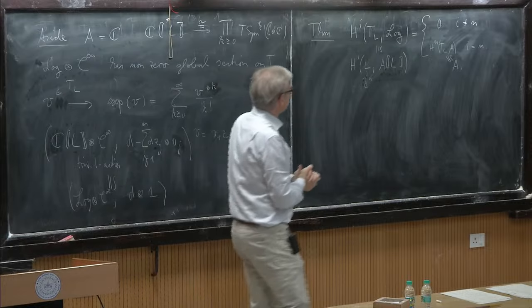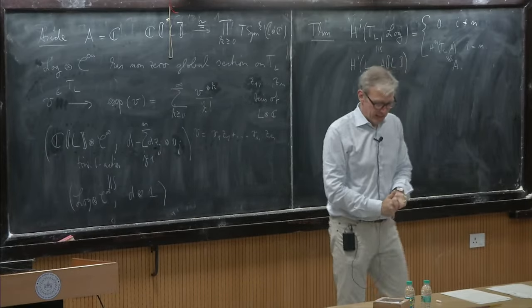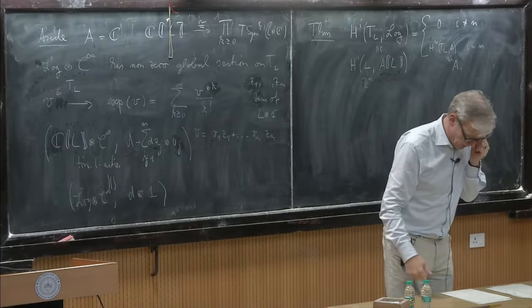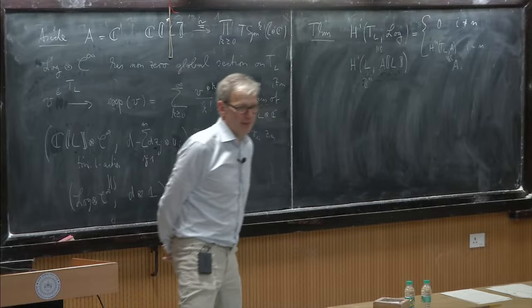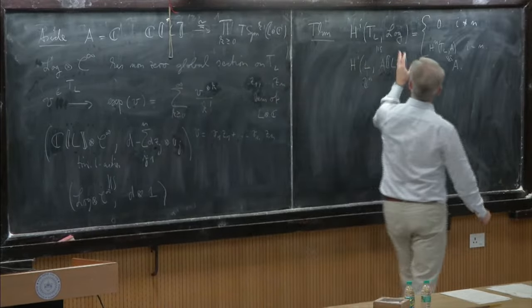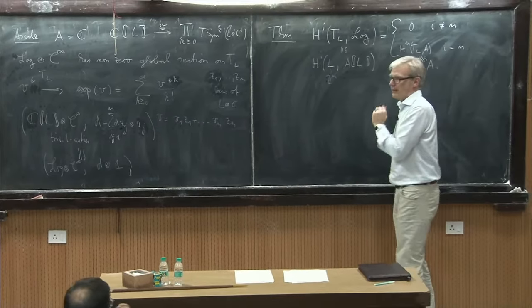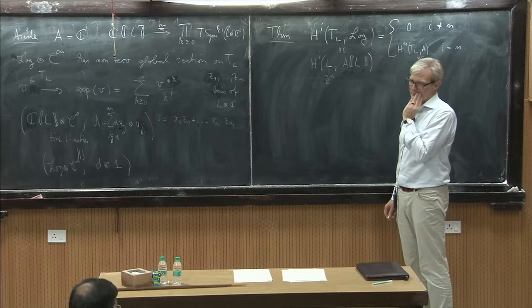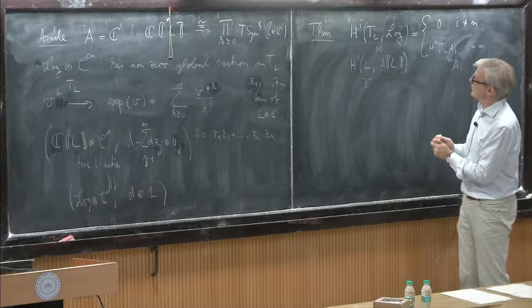So with this result, we can now do the following. In a certain sense, it says that this local system is as complicated as possible, so it doesn't have much cohomology.